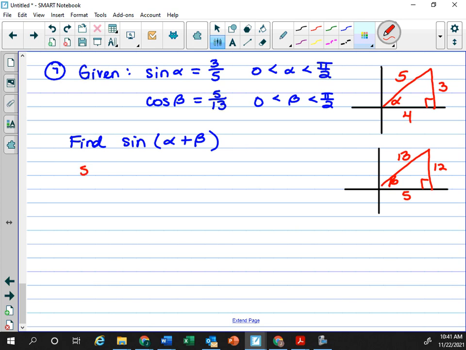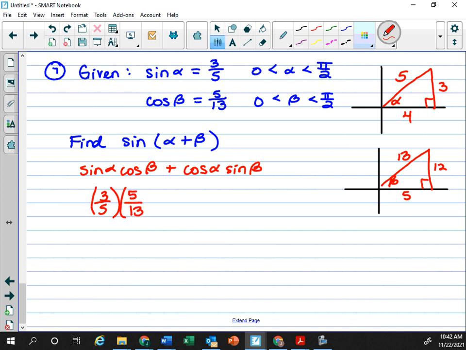It's going to be sine of alpha times cosine of beta plus cosine of alpha times sine of beta. Now, where do you think I'm going to find all of these sines and cosines of alpha and beta? The triangles. That's why we had to draw them first. Okay, so what is the sine of alpha? 3 over 5. Cosine of beta.